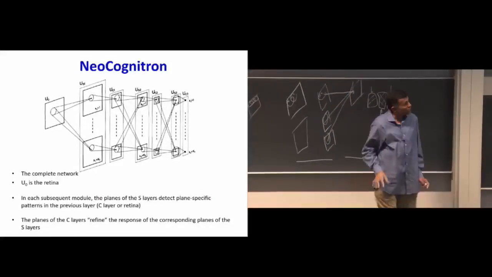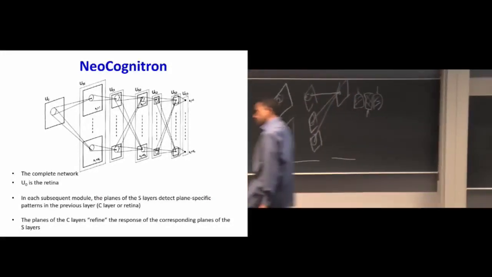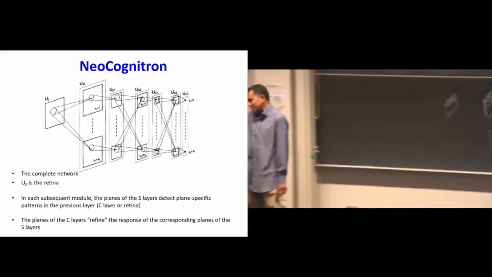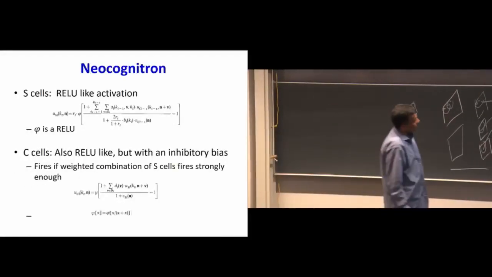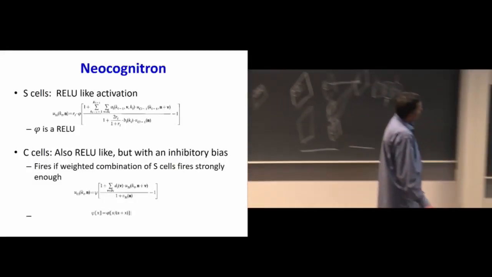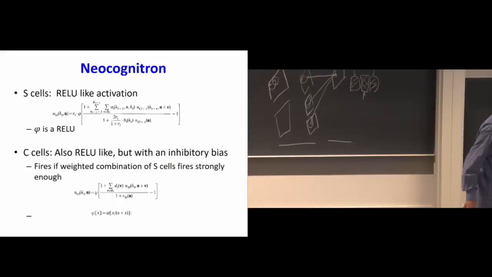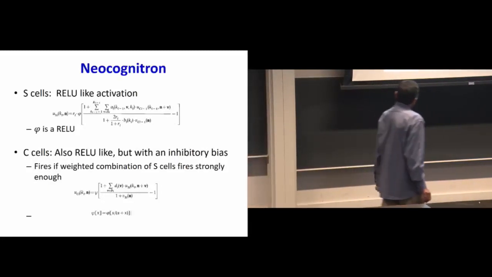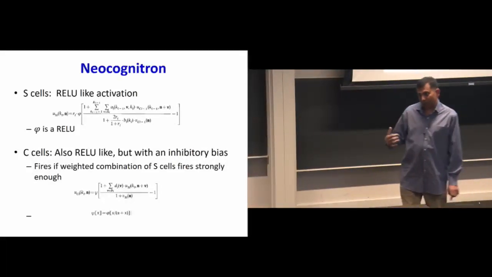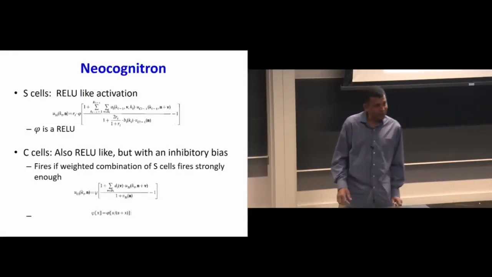So this was just the computational model that Fukushima came up with. And he even tossed in mathematical formulae to make it complete. So here is the response of the S cells. It's a very complex looking formula. I have it there just because it looks fun. But it really just looks like a ReLU. And then underneath that is the response of the C cells, which looks just as funky.